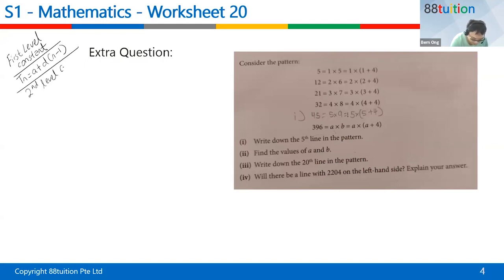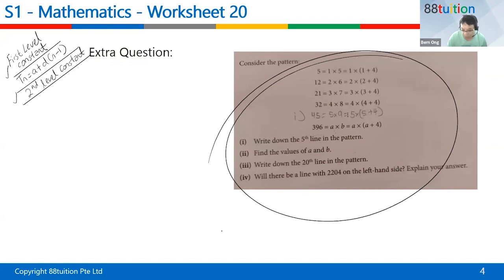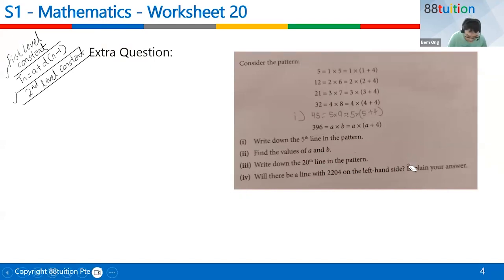All these got some formulas to it. But this one got no formulas. This is very random. We call it random pattern. There's no formulas to it, but you are able to derive certain patterns.